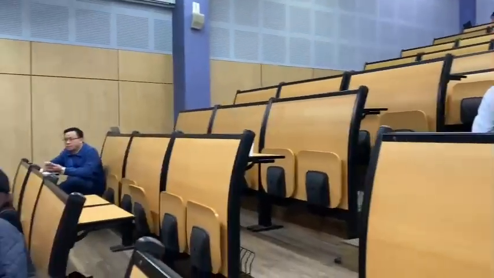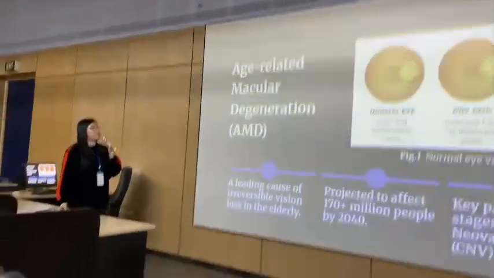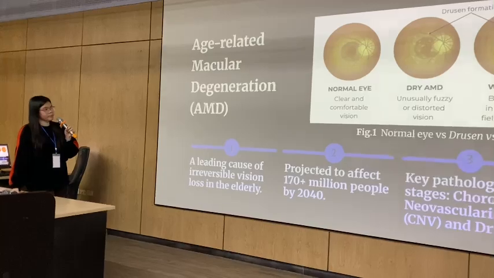The key stages of AMD are two stages. The first stage is the dry AMD, as you can see here. Usually, you're going to have distorted vision at this stage due to drusen formations, and the next stage is the wet AMD.